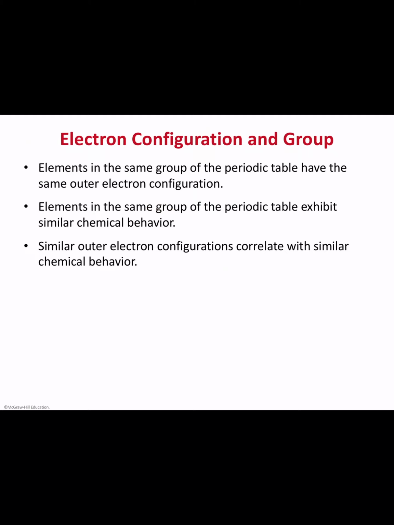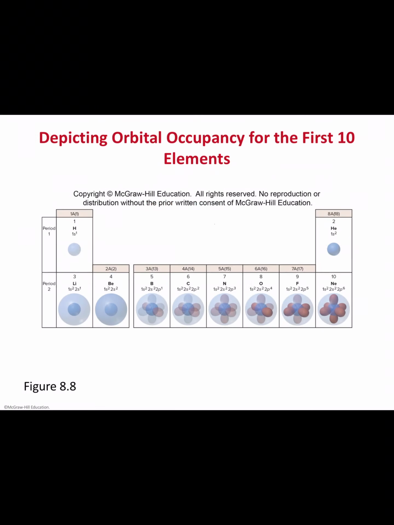And all of those have an s1 electron configuration. Elements in the same group have the same outer electron configuration. So that's going to be 1s1 for hydrogen in group 1. And then lithium would be 1s2, 2s1 because it's in period 2.